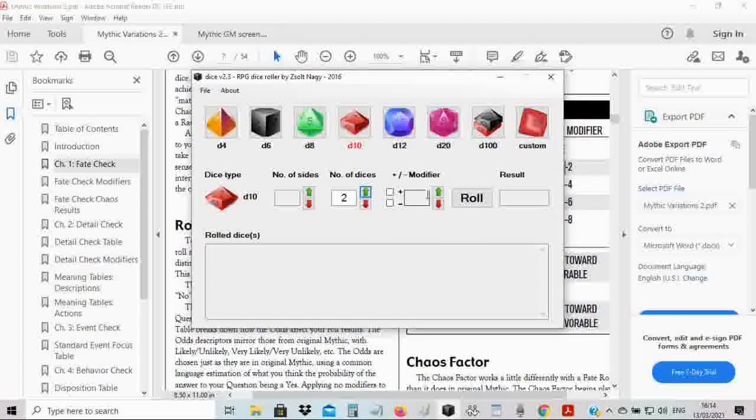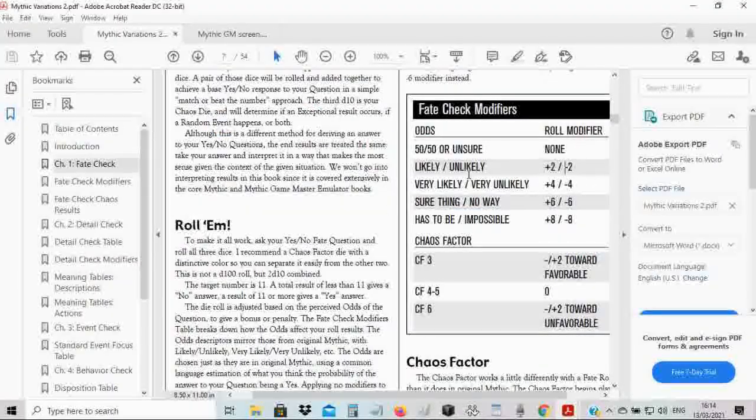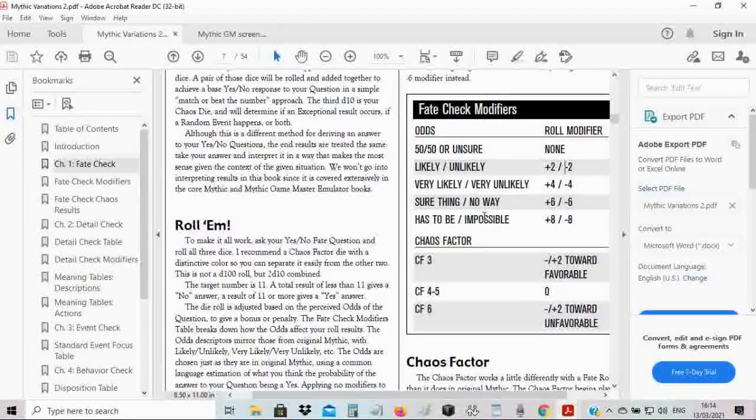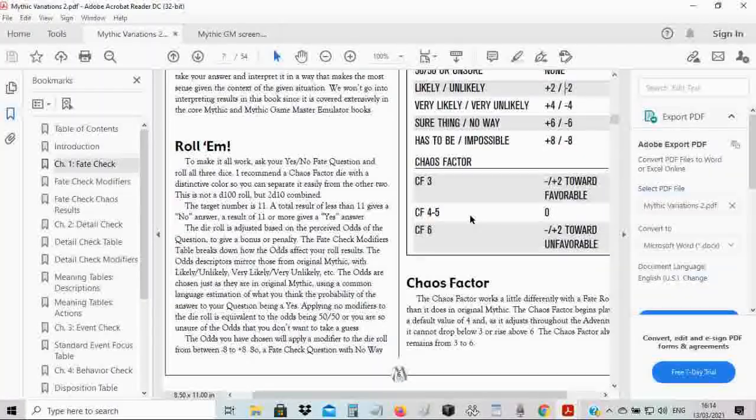If it's below that this time, it's a no. So let's see what happens. 5, and we apply the modifier of unlikely, which is minus 2. And it's 3, right? Unless I'm getting my math wrong again. It's a 3, and that is no. Definitely no.